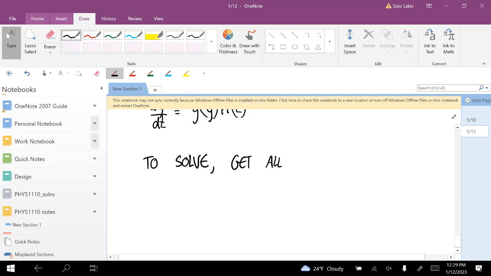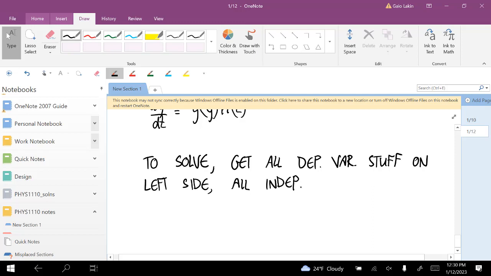So get all dependent variable stuff on the left side, and all independent variable stuff on the right side.